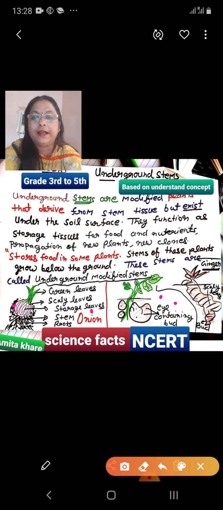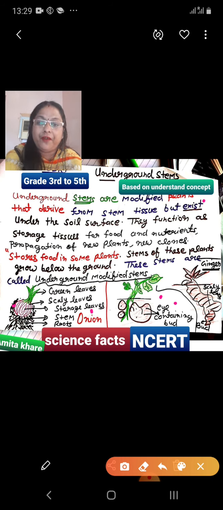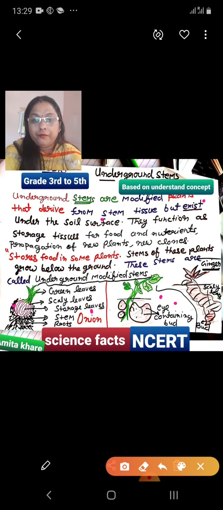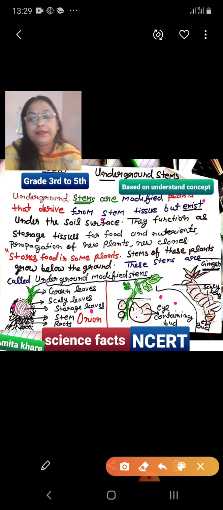So let's start. Underground stems are modified plant parts that derive from the stem. What is an underground stem? Underground stems are modified plant forms that derive from stem tissue but exist under the soil surface.